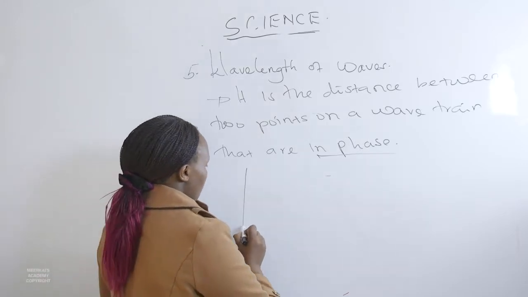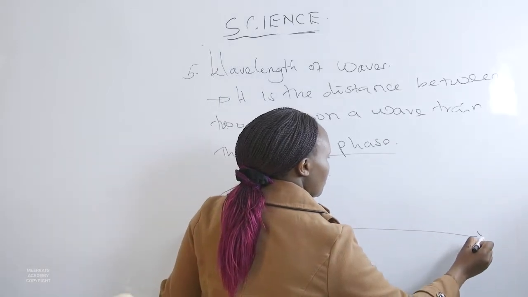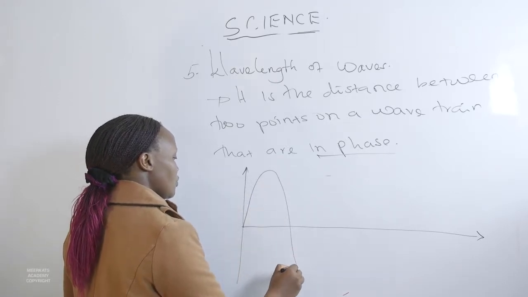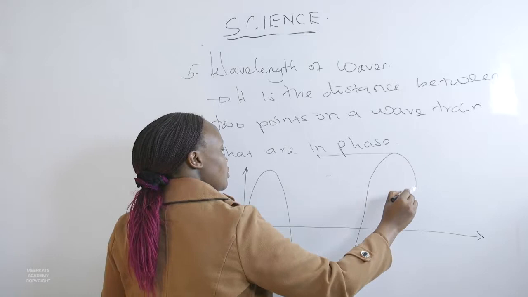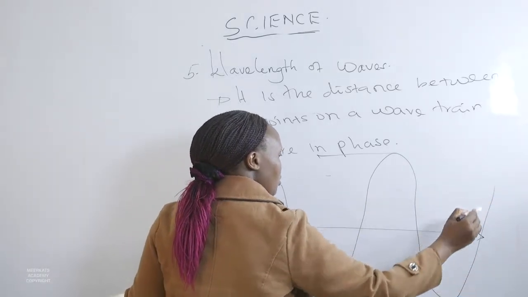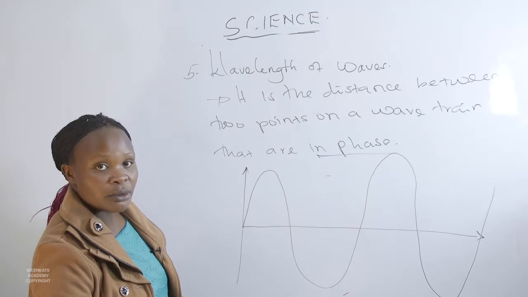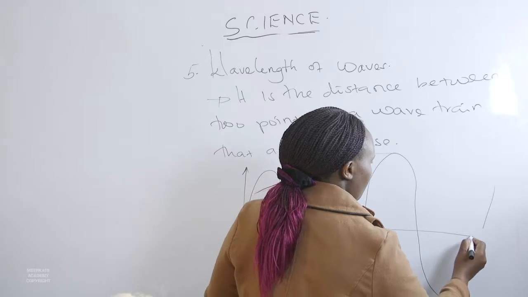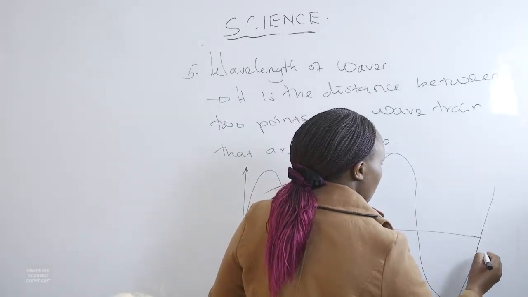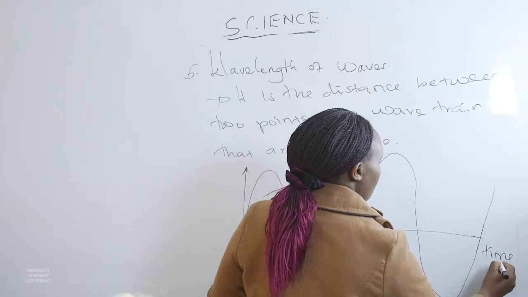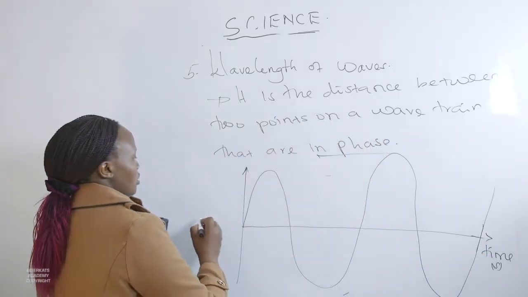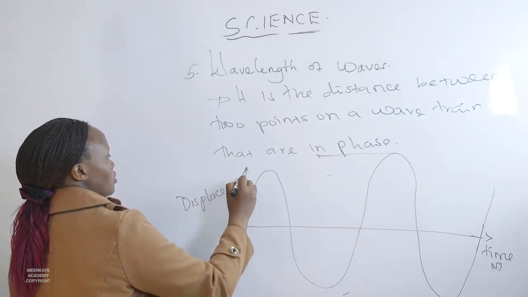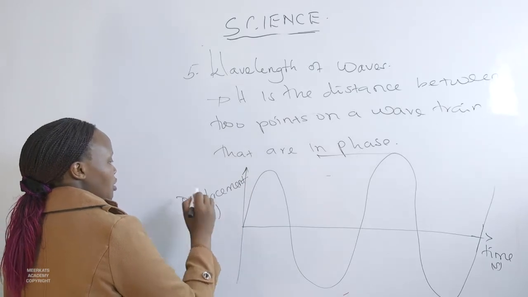And we took an example of a transverse wave, where we could have a plot of displacement against time in seconds. This one is displacement, again in meters.